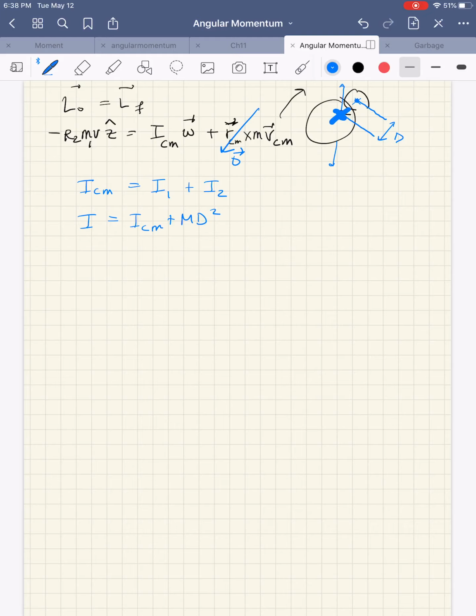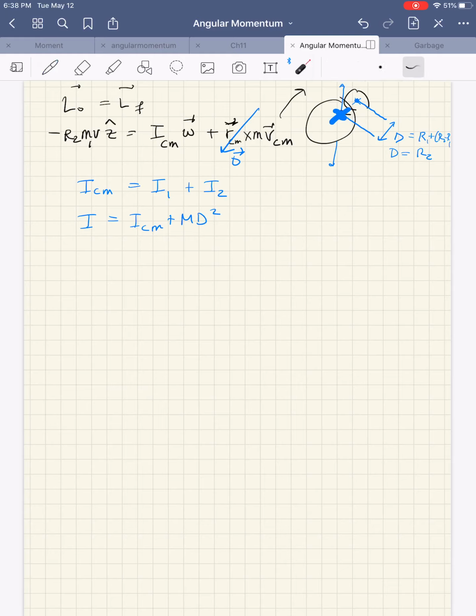And D is going to consist of radius 1 plus this difference in distance, which is R2 minus R1. So D is going to equal radius 1 plus R2 minus R1. So again, it's just R2 for me.